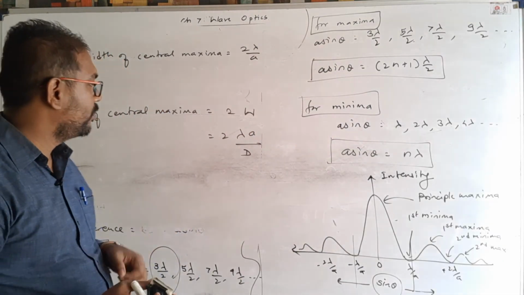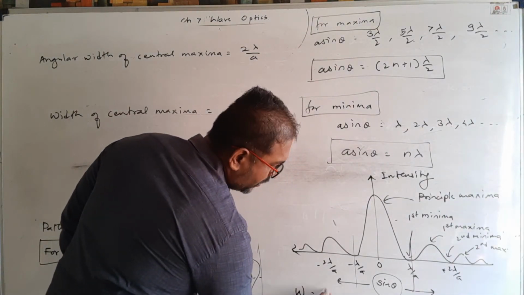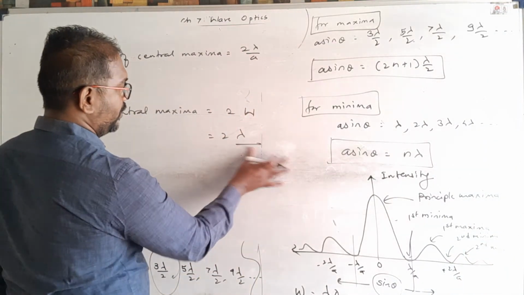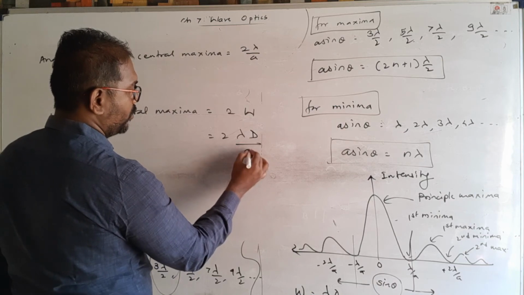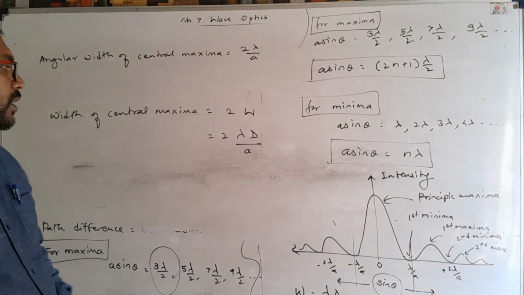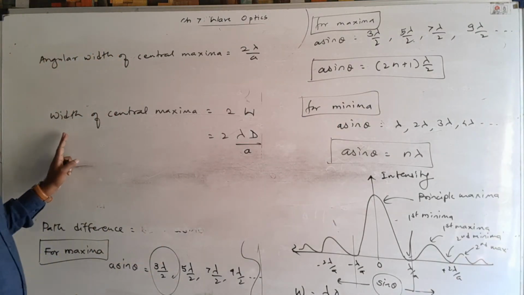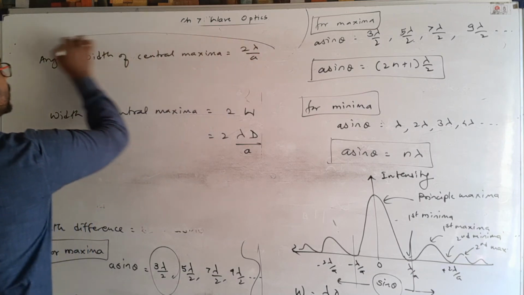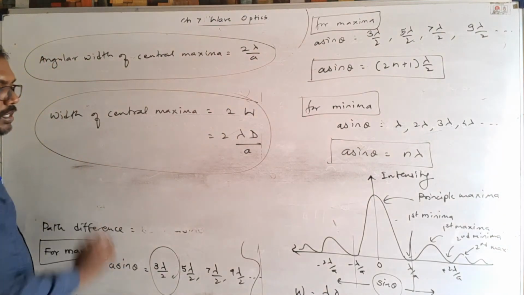Okay? So this width formula everyone knows, lambda capital D by d. So this is the formula when we are talking about width, and where the angular width is coming, this. So that you remember.